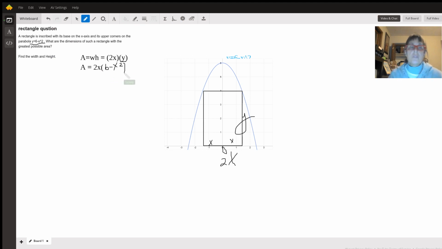Okay, so now if we distribute that, we get that the area is 12x minus 2x cubed. And that's the thing we want to maximize. This is the area of this rectangle in a single variable x.